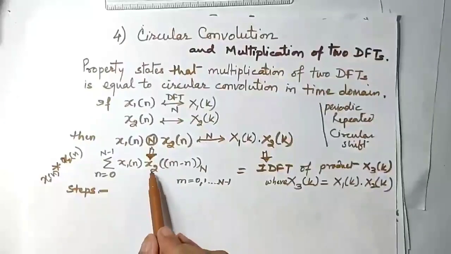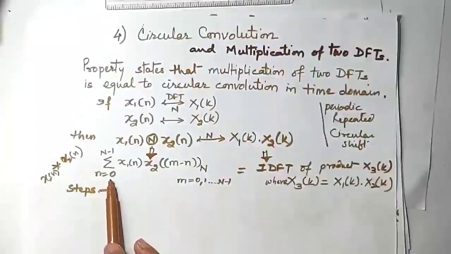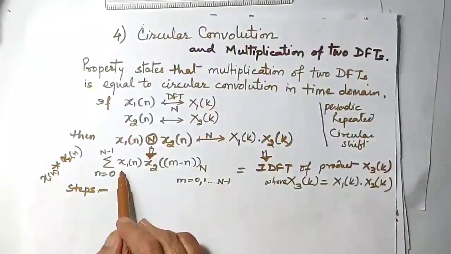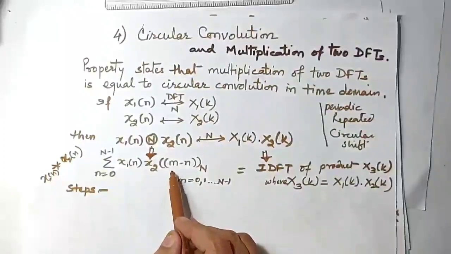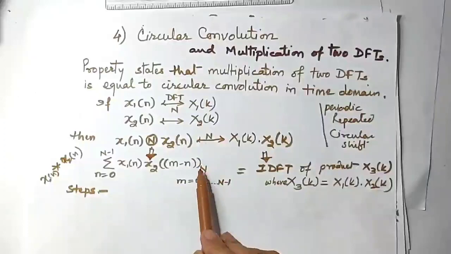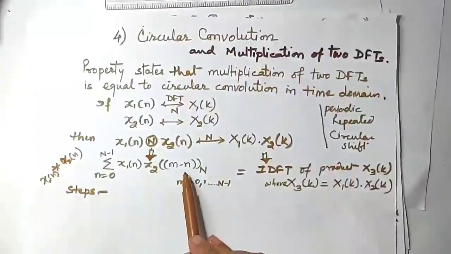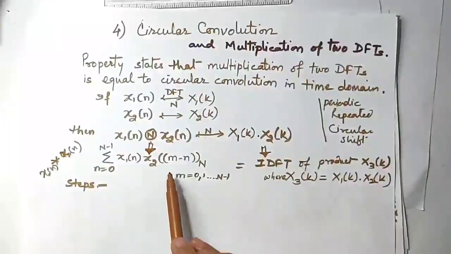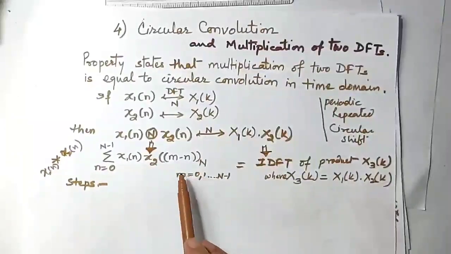If we get this circular convolution, the equation is that n is for the samples 0 to n-1. We are shifting x1n, and the other one is circularly shifted with m-n. Because it is circularly shifted, it can be calculated with the index modulo n, and we know how we solve it.